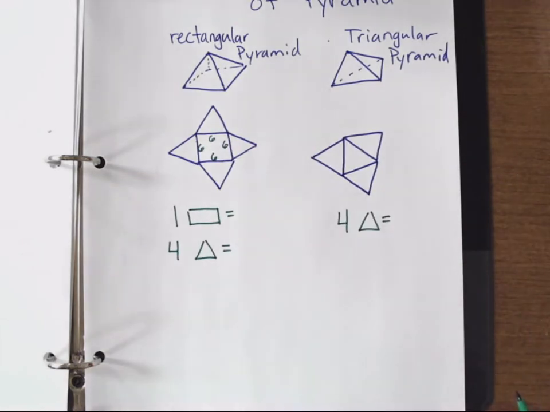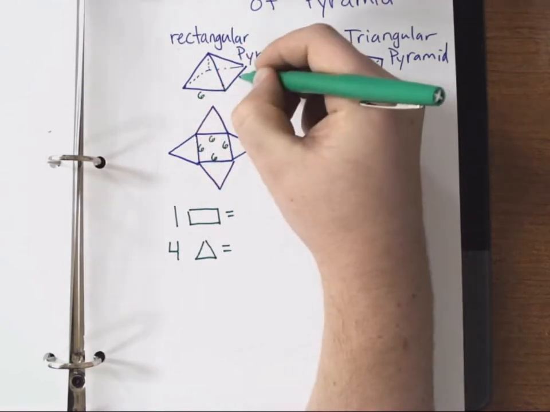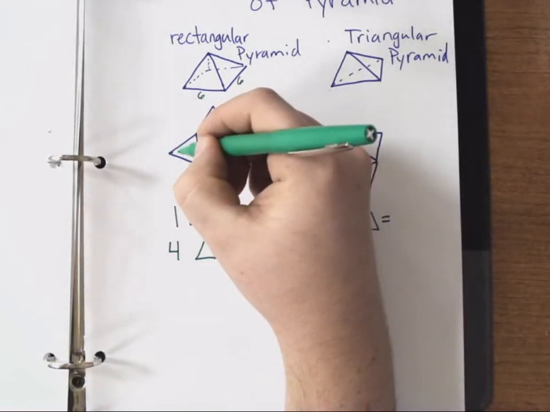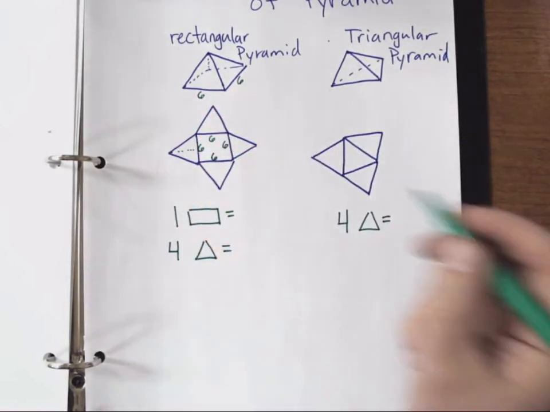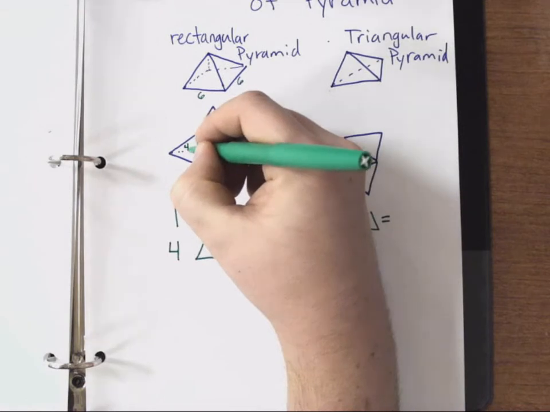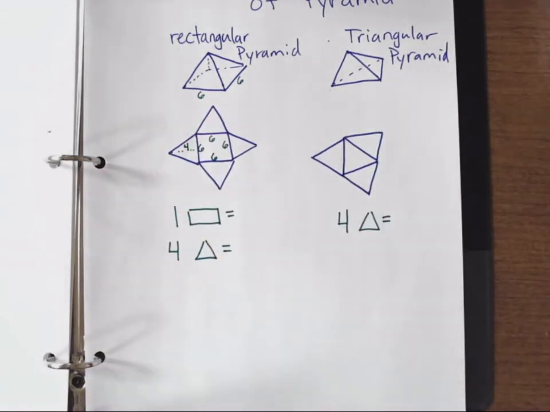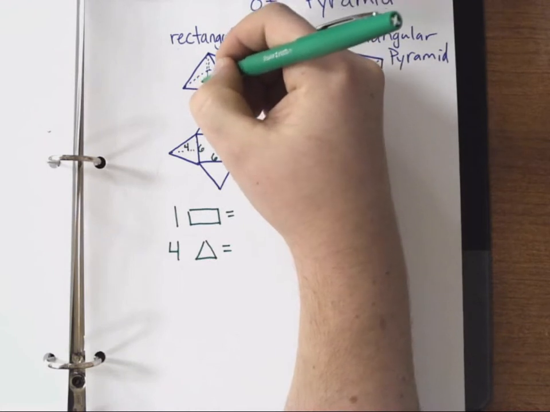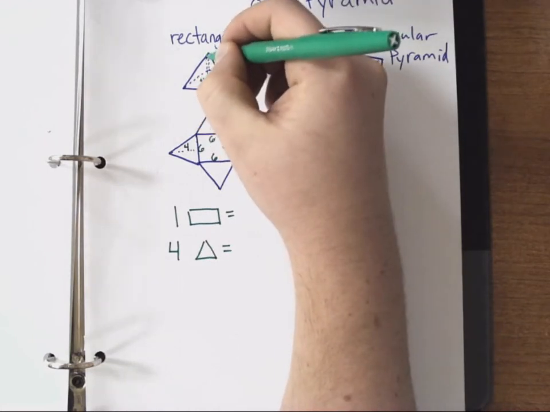Okay, so each side of my base is 6. So this would be 6, this would be 6. My height of each of my triangles, let's say, is 4. So my height here from top to bottom would be 4.